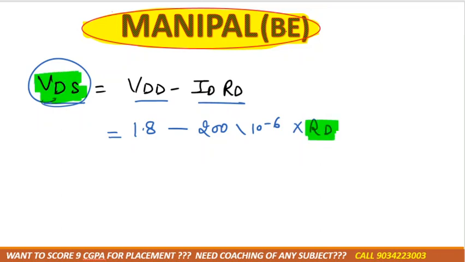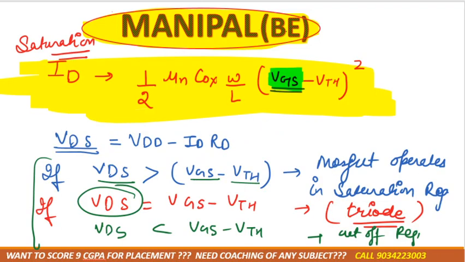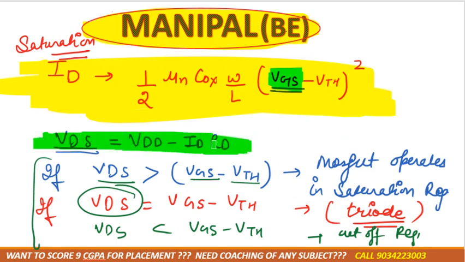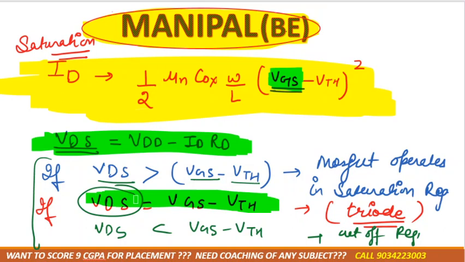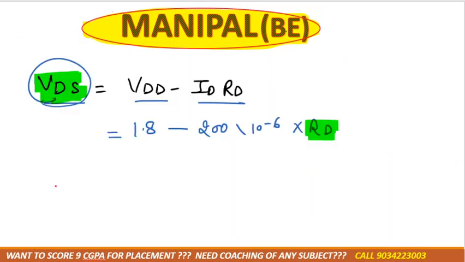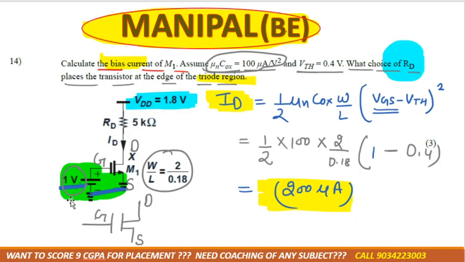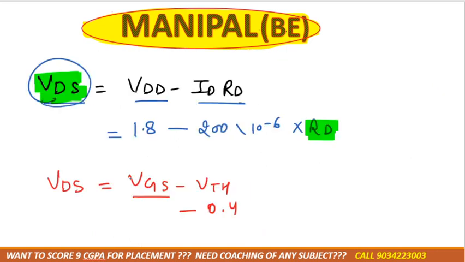Now see what is the formula for VDS. As I told you, VDS formula is VDD minus ID RD, but we should get another formula. At the edge of the triode region, VDS is VGS minus VTH, right? So let's see whether we can calculate VDS from this formula or not. VTH they have given 0.4, VGS they have given in the question, that is 1 volt, right?